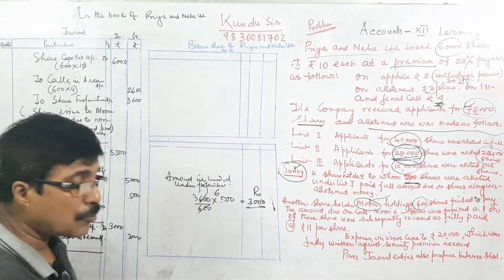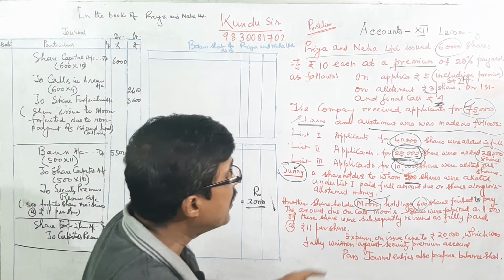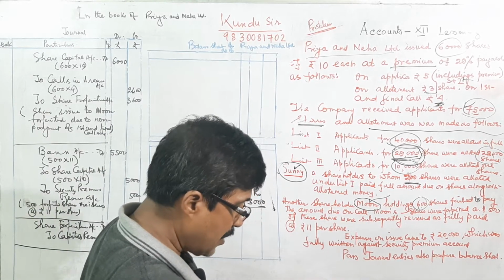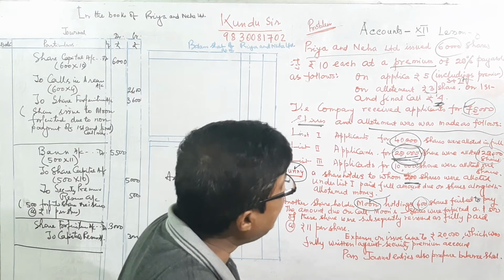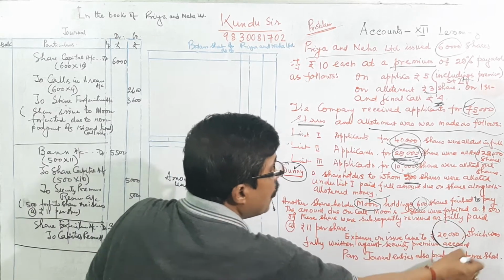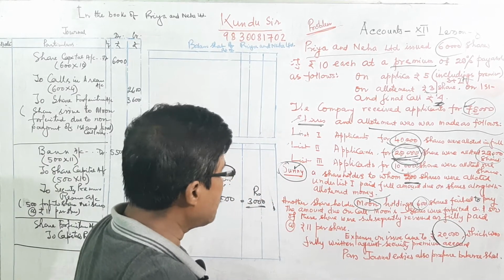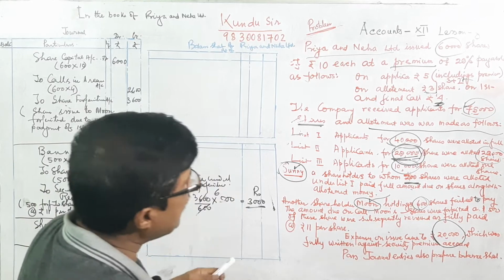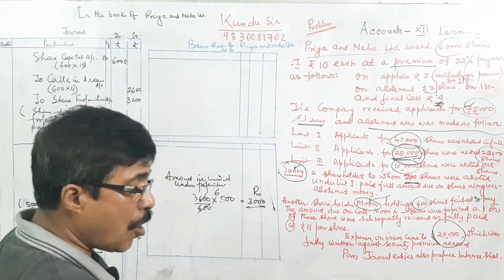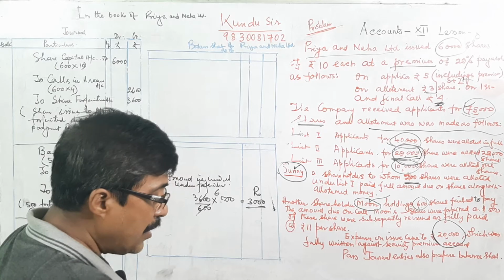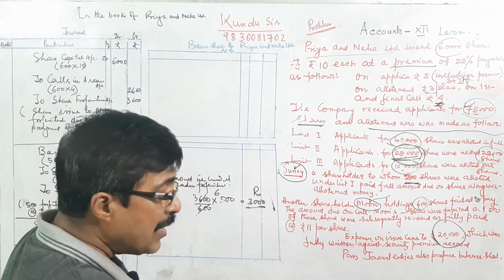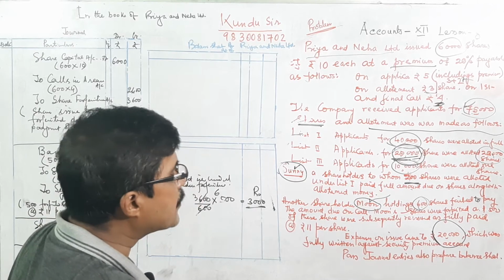Now, what will we do? The rest part, issue of share expenses incurred, 20,000. If there is no premium, we are not getting any premium, so we should incur the expenses.